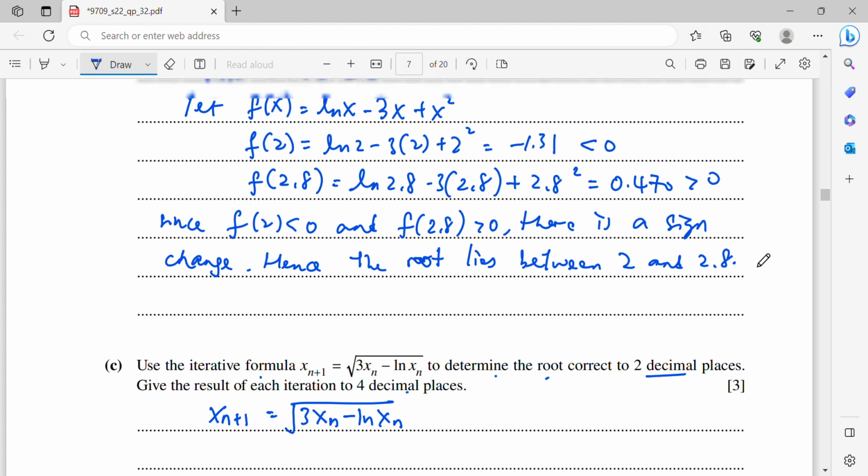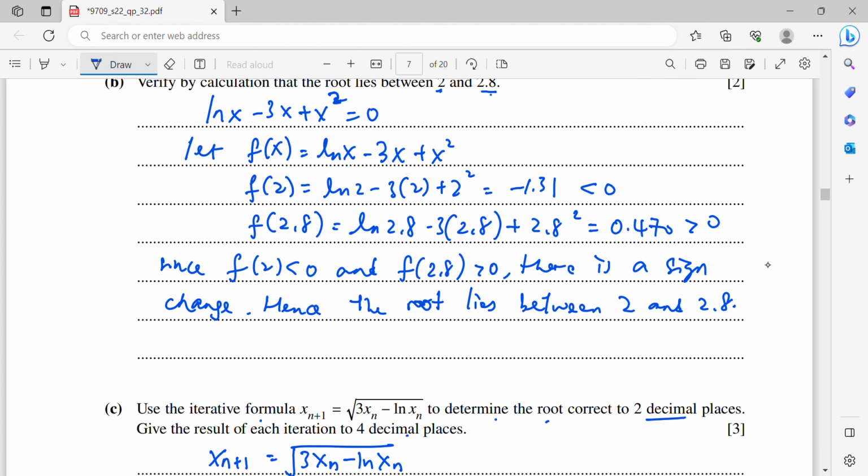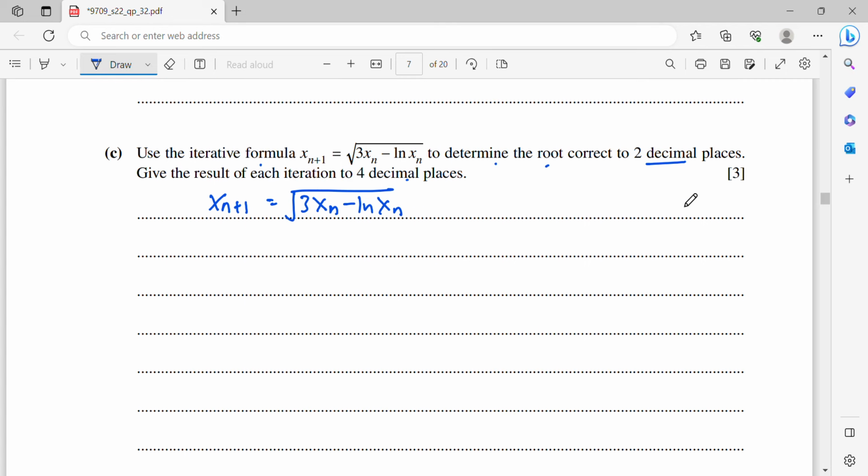So from here, we know that x lies between 2 and 2.8, which means you can let the initial guess x0 be 2 or 2.8, or you can take any value in between. Alright, so I will take the middle value, which is 2.4. So now, let x0 be 2.4.